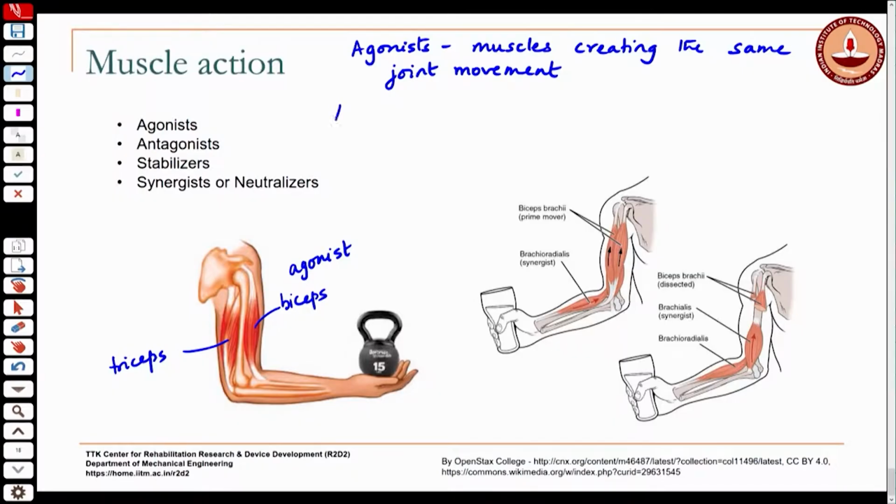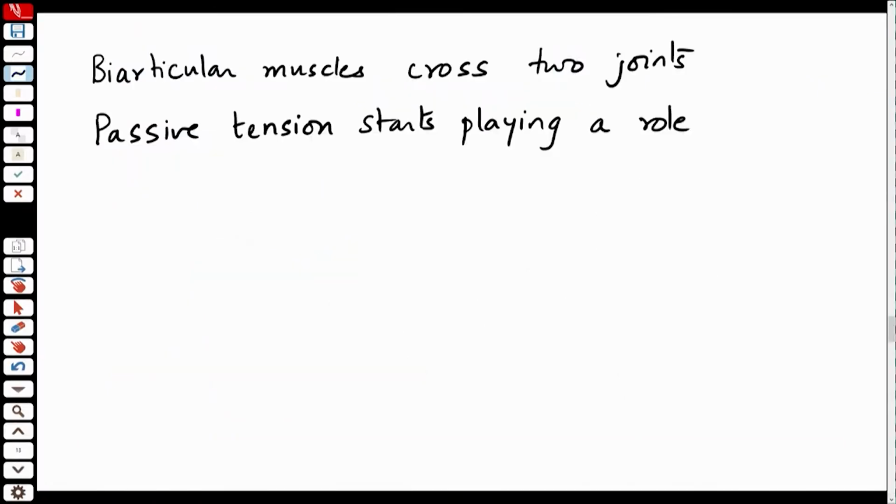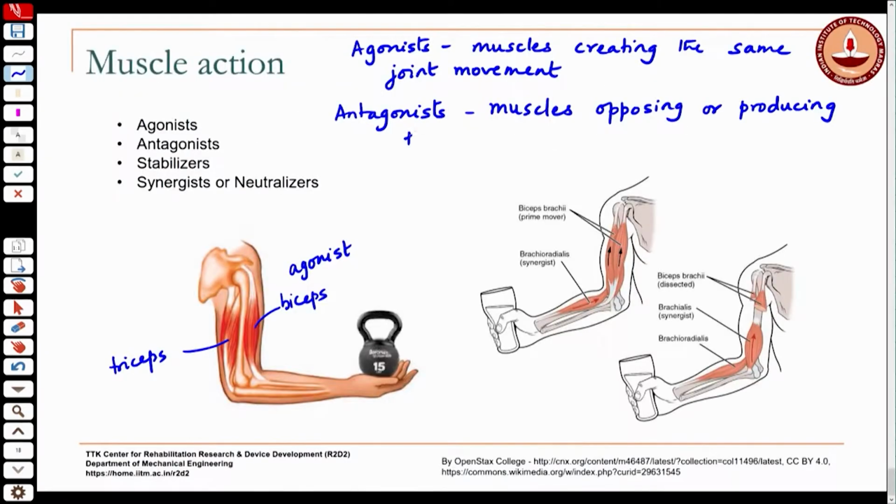The antagonists are the muscles that are opposing, or producing the opposite movement. The muscles that are the elbow flexors are my agonists, and the muscles that are responsible for extension of the elbow are the antagonists for this particular action.